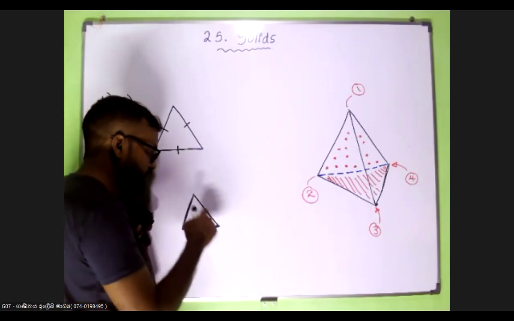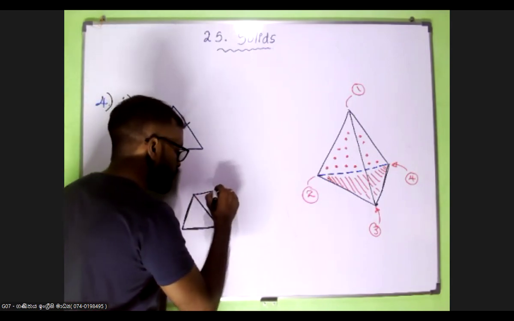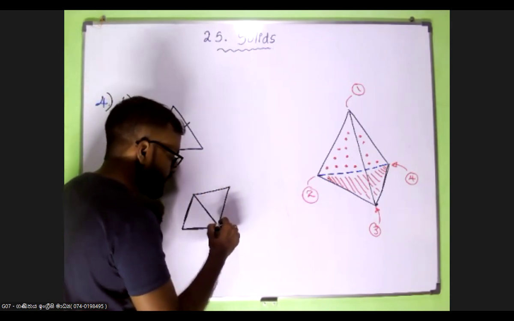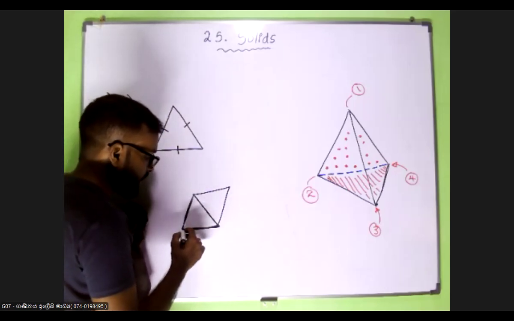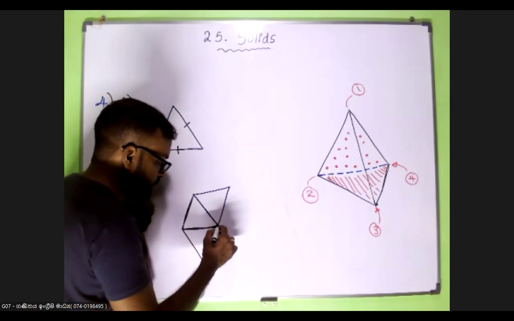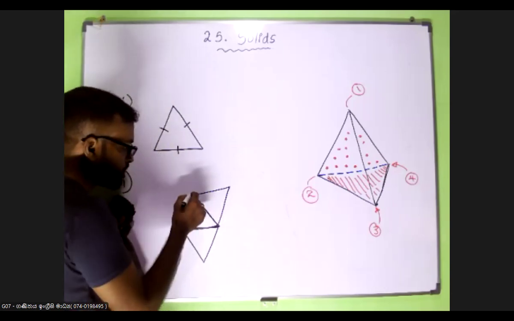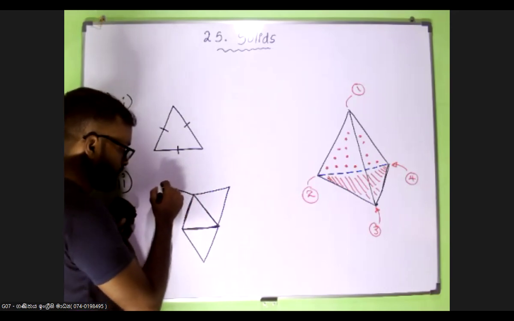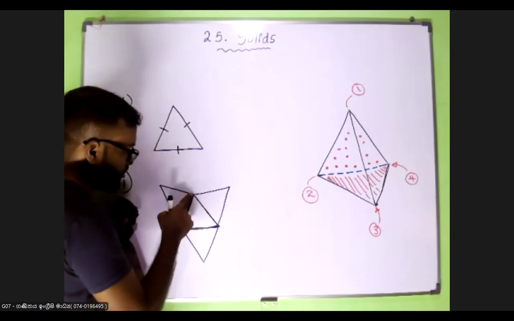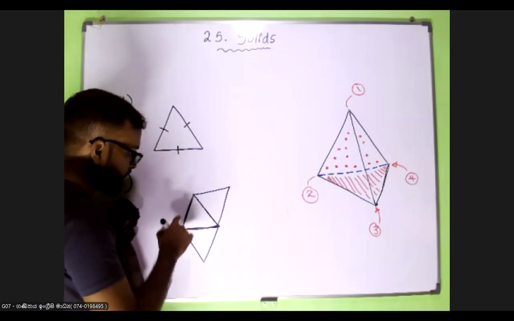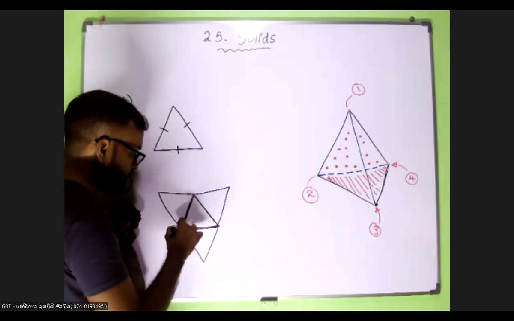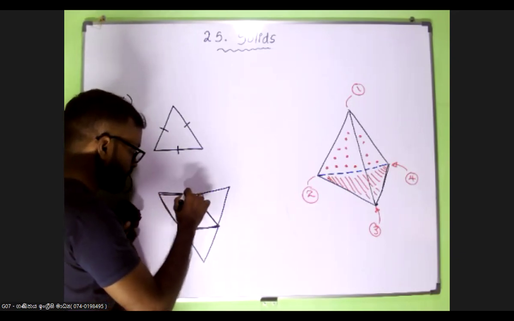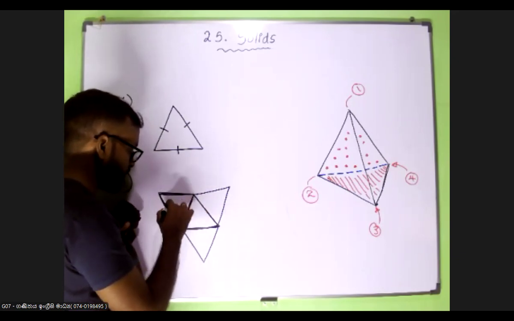This is the base, this is my second triangle, this is my third triangle, and this is my fourth triangle. All the sides of the triangles are equal in length. That is an equilateral triangle, right?